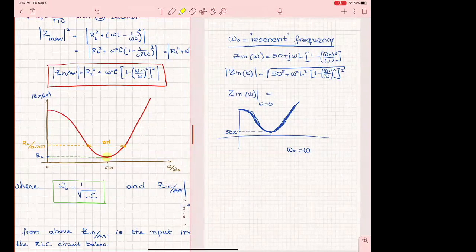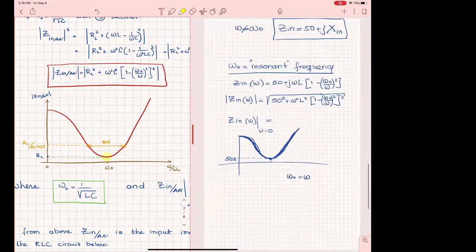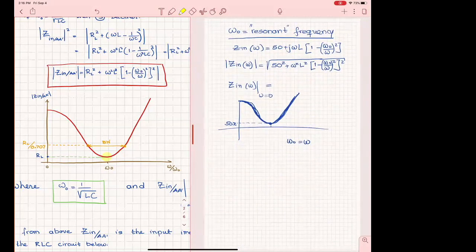Professor, I'm sorry, what happens to the J? Because I thought, maybe I'm wrong, but when we squared the J, the magnitude of Z in omega, wouldn't it be 50 squared minus J? So to get this one, let me show you.